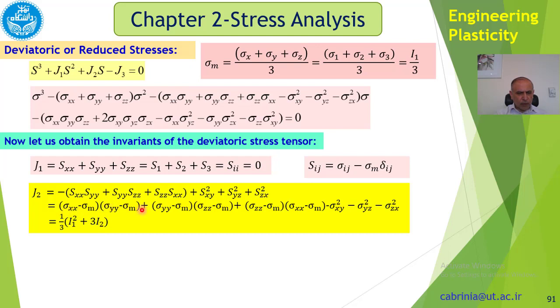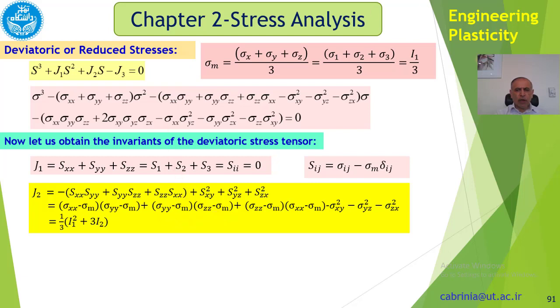What about the rest of the multiplications here? We have sigma x times sigma m and sigma y times sigma m, sigma y times sigma m, sigma z, etc. So we will have 2 sigma m times sigma x plus sigma y plus sigma z, of course with minus sign, and we will have also sigma m to the power of 2 here, sigma m to the power of 2, sigma m to the power of 2. But sigma m to the power of 2, of course, is I1 over 3 squared, so that would be I1 squared over 9.